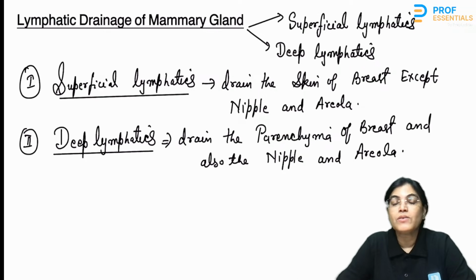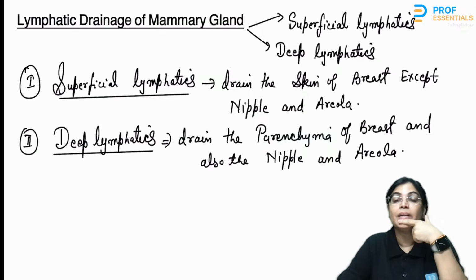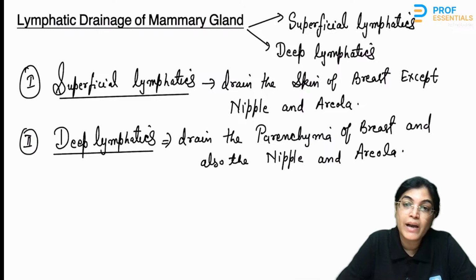A plexus of lymph vessels lies deep to the areola, and this plexus is given the name subareolar plexus of Sappey.